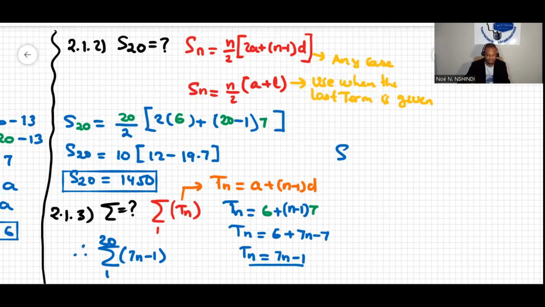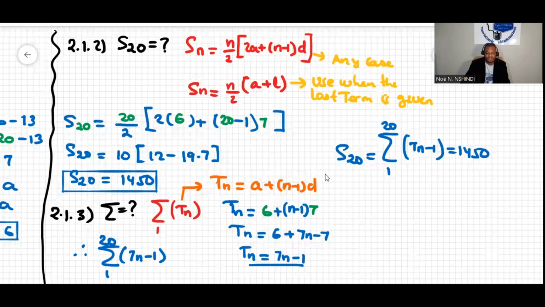S20 will be equal to the sum of 7n minus 1 in the bracket, n starting from 1 to 20. And this was found to be 1450. Well, thank you.